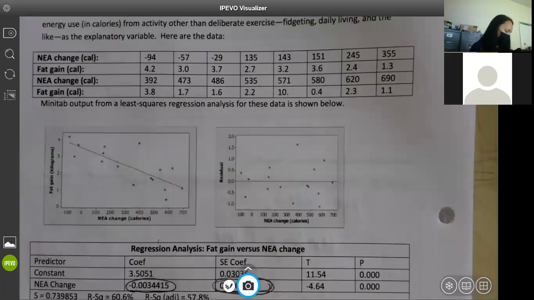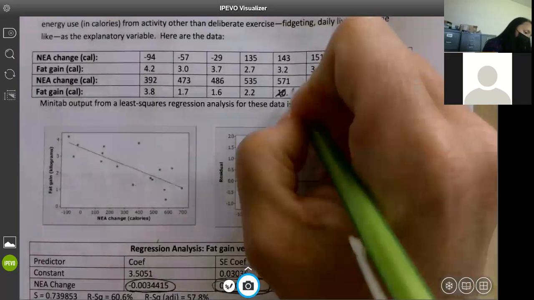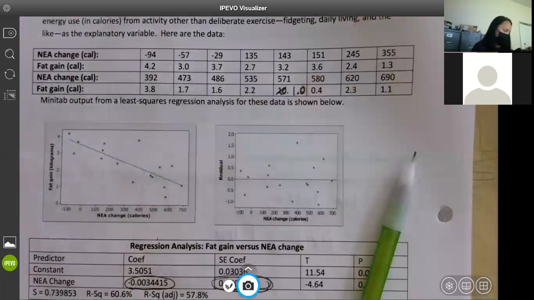Is there supposed to be something after the 10 point? Oh, it's not a 10. I'm glad you pointed that out. It's 1.0.